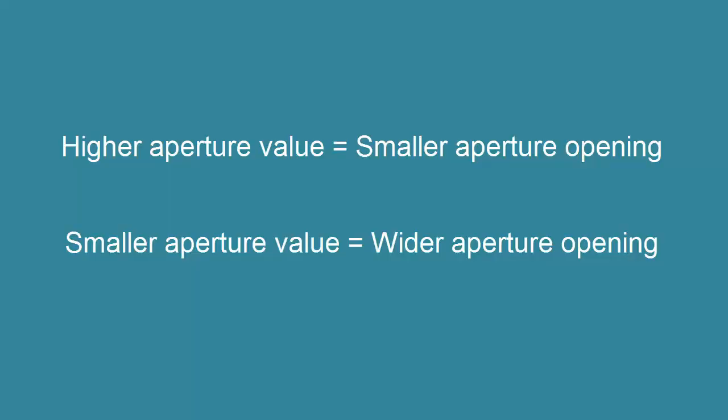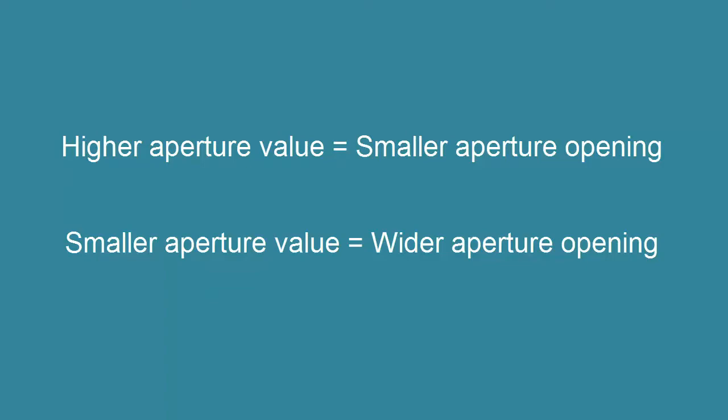So how does the opening or closing of the aperture affect the light entering? Assume that this is the opening of the aperture while you're clicking the photo. Any guesses what aperture value this is? This is basically something around f22. The higher the aperture number, the smaller the aperture opening.